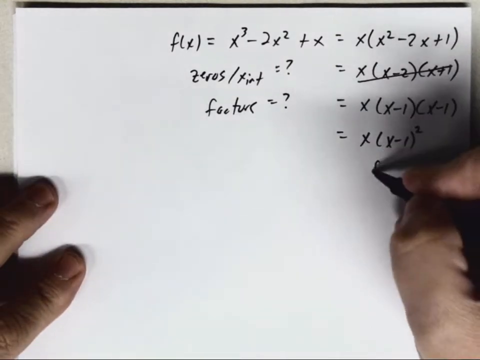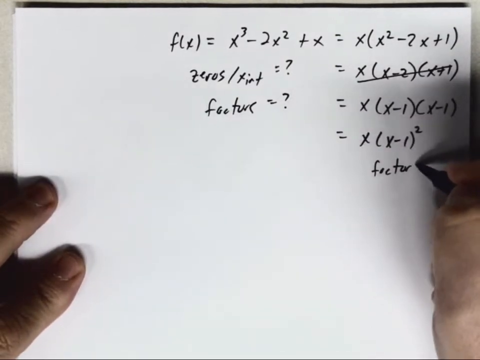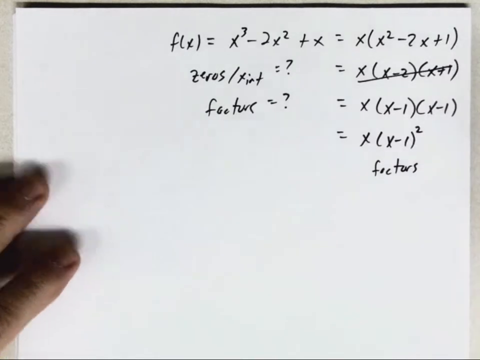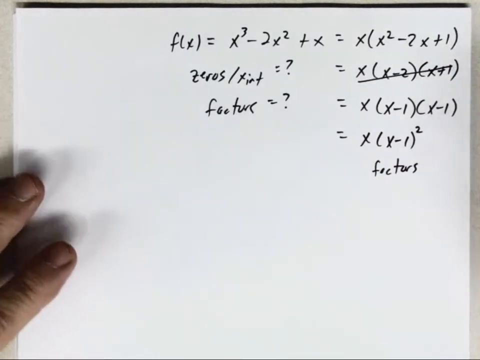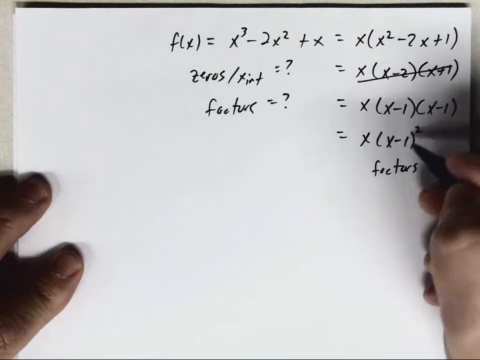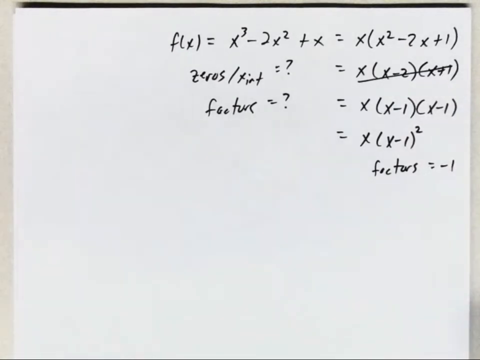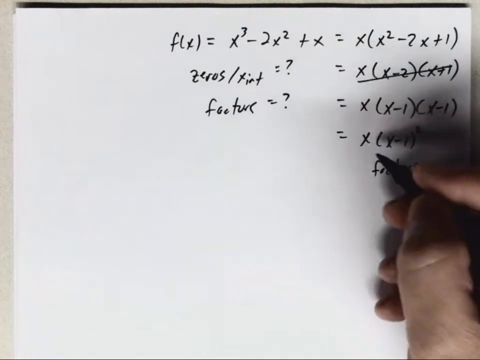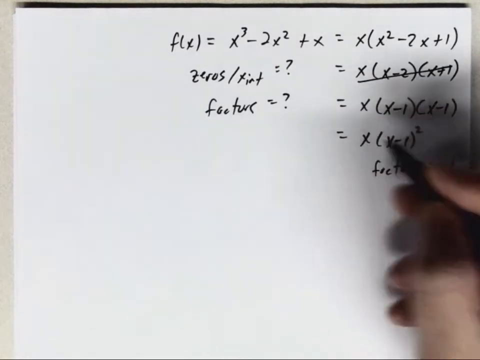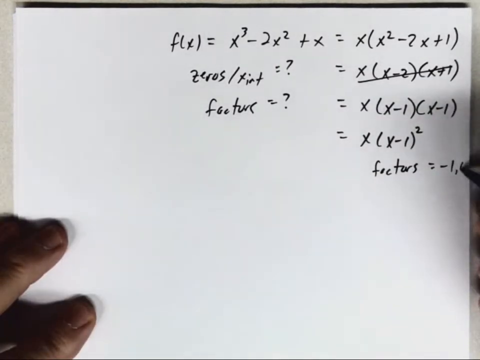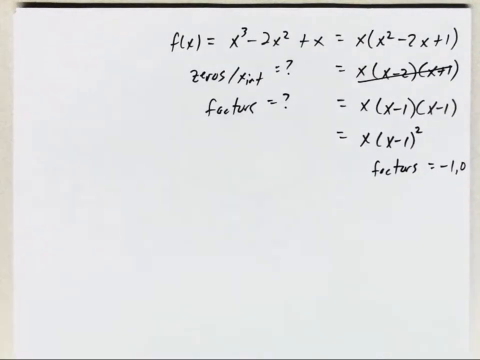So in order to factor, I had to figure out my factors. For this, the factors actually are minus 1 and minus 1, or I need to write it once. But also a factor here, we just talked about in the last video how the factor there would also be 0. So there are two factors, minus 1, 0.